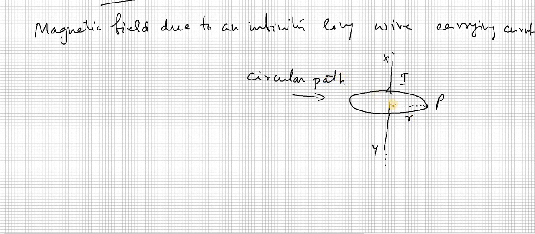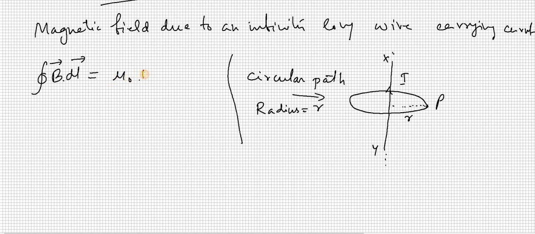As the distance from the wire to the point P is R, the radius of the circular path is also R. As we have the Ampere circuital law, line integration B dot dl is equal to mu naught I enclosed. The current flowing through the loop is I, so mu naught I is the current enclosed by the loop.